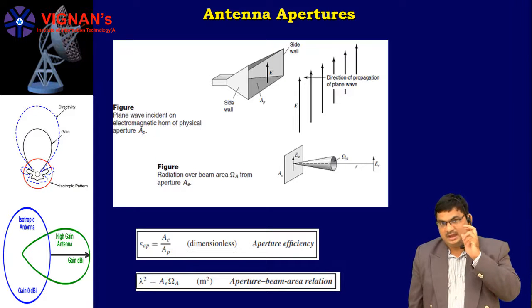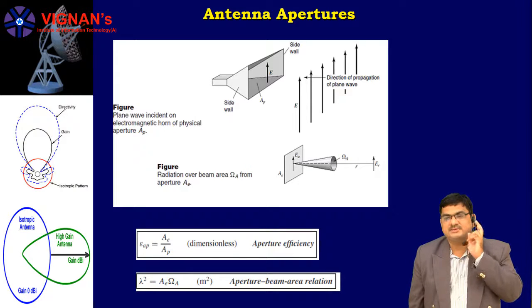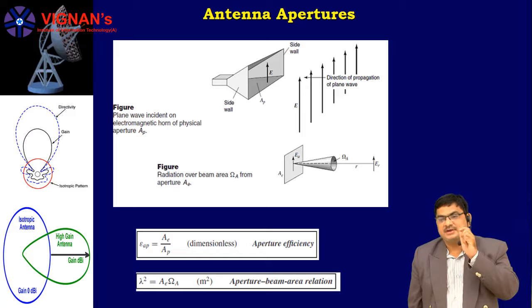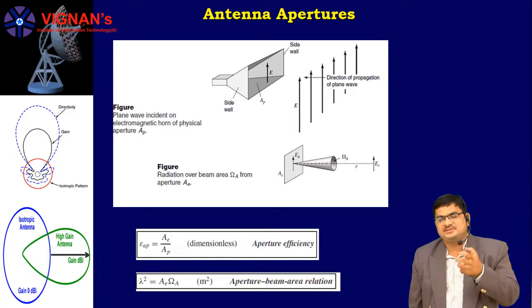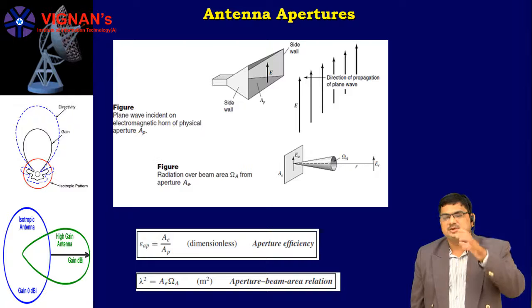So antenna aperture efficiency is defined as the effective aperture by the physical aperture. Effective means the area affected by radiation, and physical aperture is the total area of your antenna.